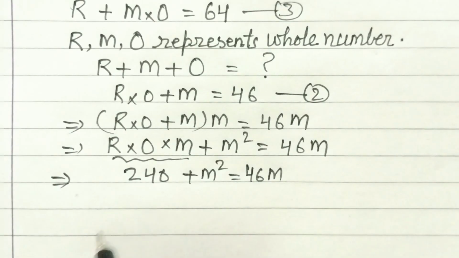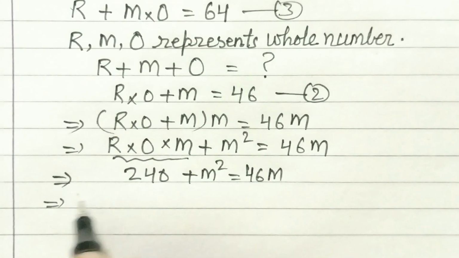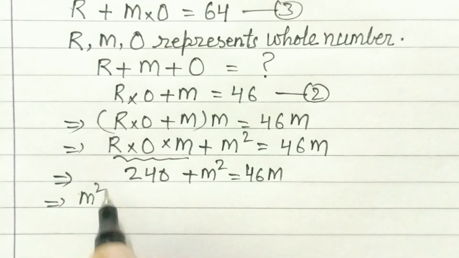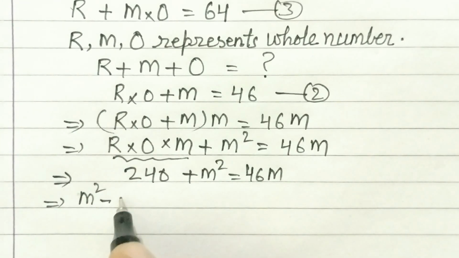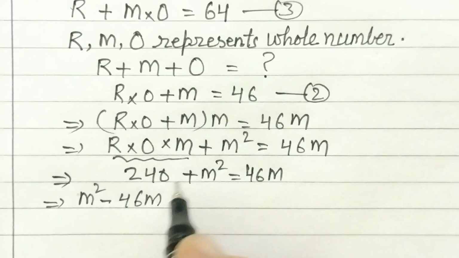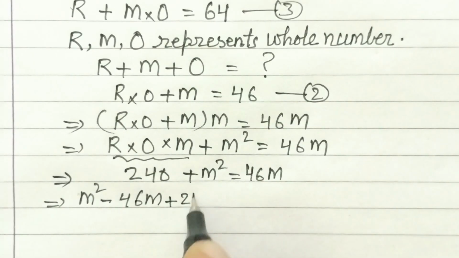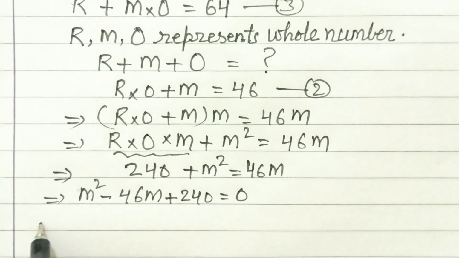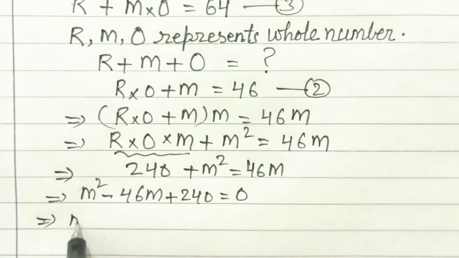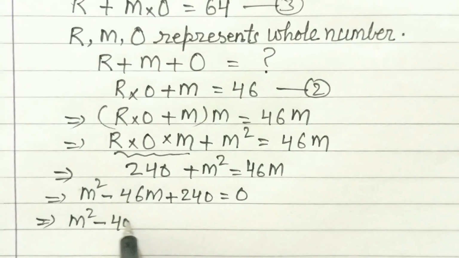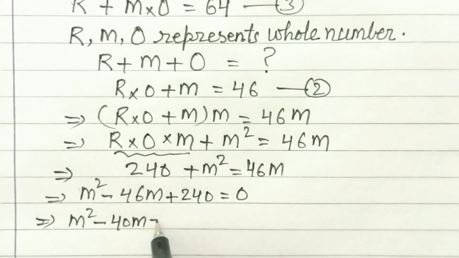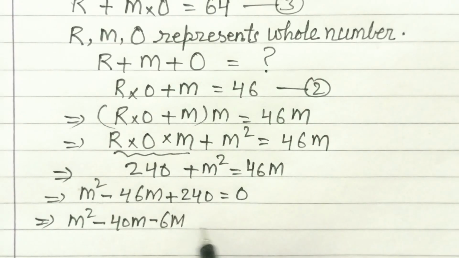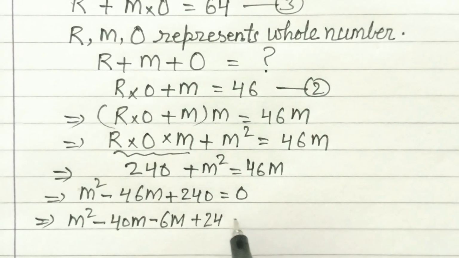So M square is equal to 46M, and if we rearrange the equation, M square minus 46M plus 240 is equal to 0. We can break this as M square minus 40M minus 6M plus 240 is equal to 0.